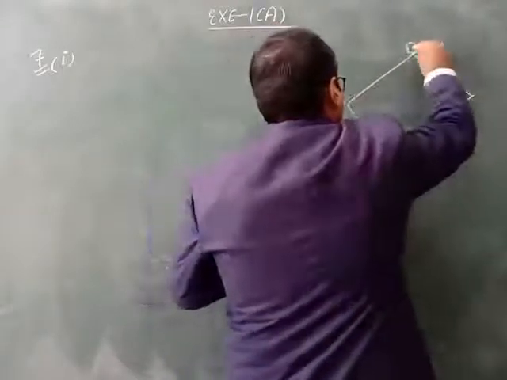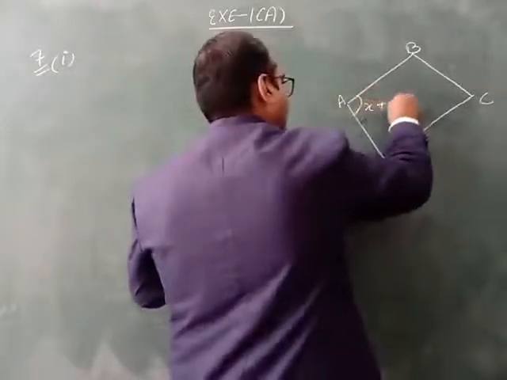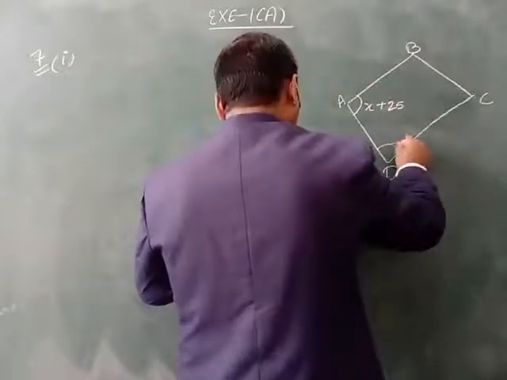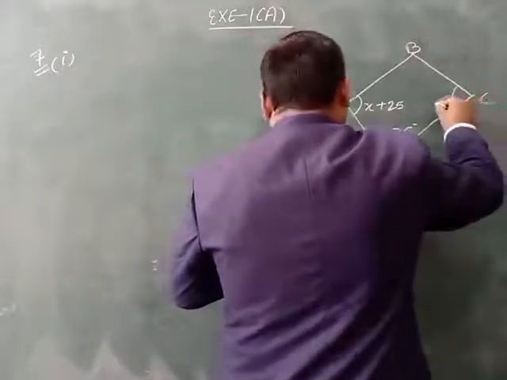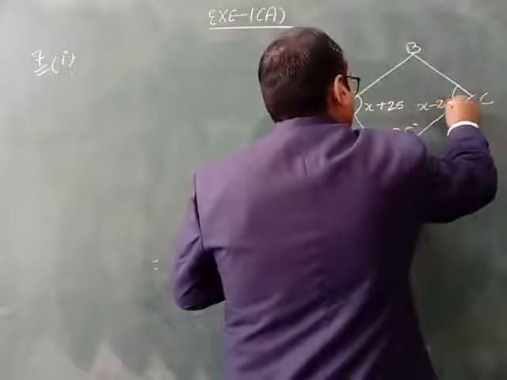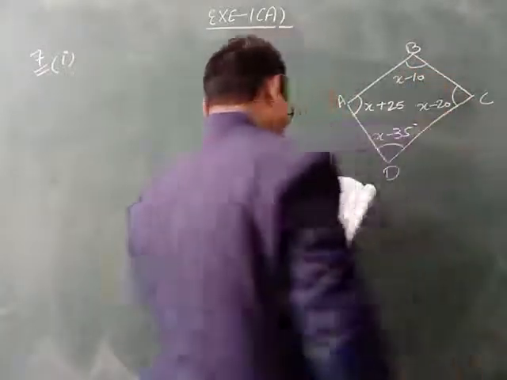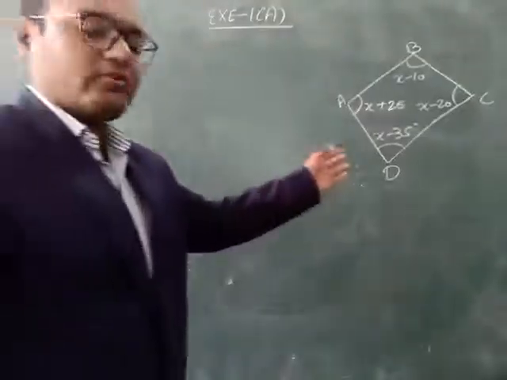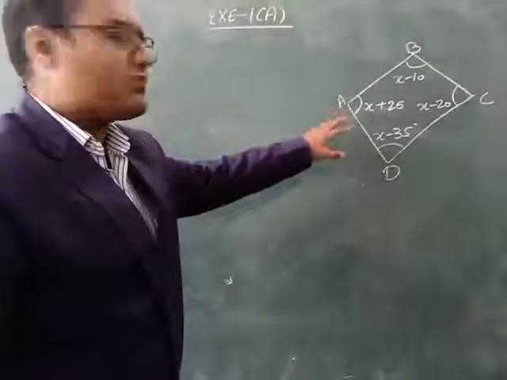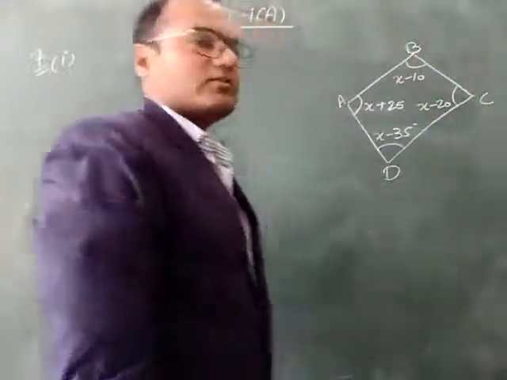A, B, C, D. X plus 25 degree. X minus 35. X minus 20. X minus 10. This is the question, and we have to find the value of x. Vertex names are not given, so I have assumed them myself. This is vertex A, B vertex, C vertex, D vertex.